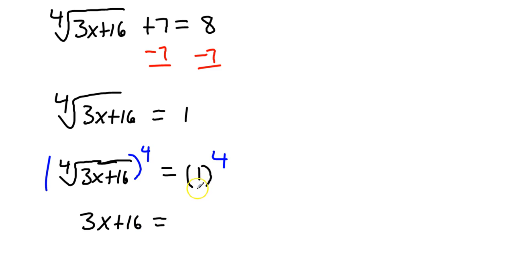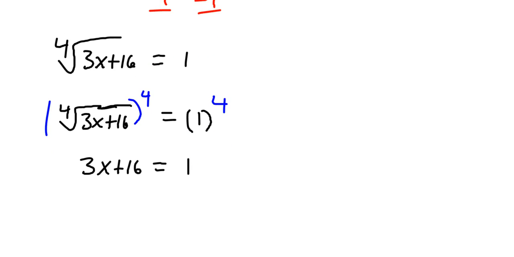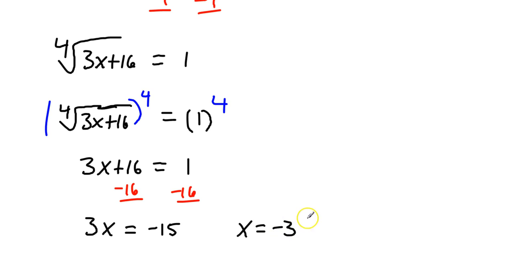If you're doing fourth root, it's going to have to be 1s or 2s, maybe a 3. But 1 to the fourth is just 1. Alright, subtract 16. 3x equals negative 15. Divide those two numbers and you get x equals negative 3.